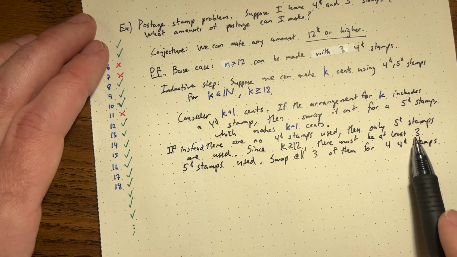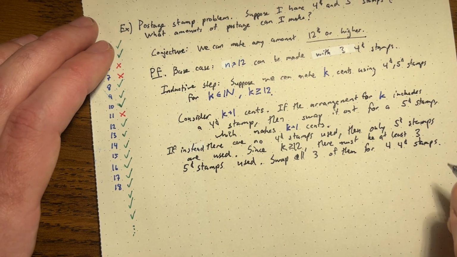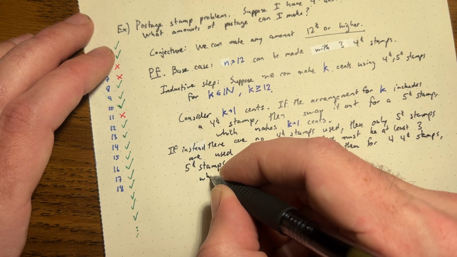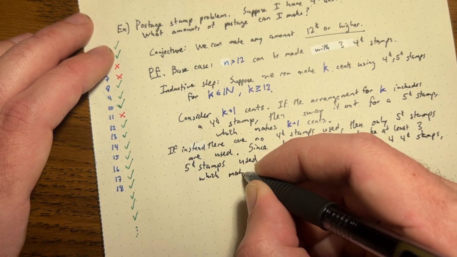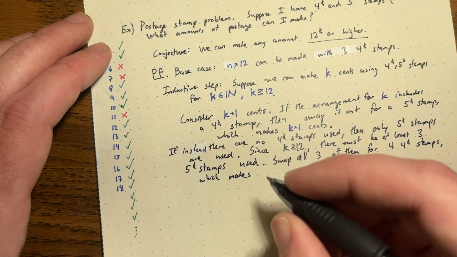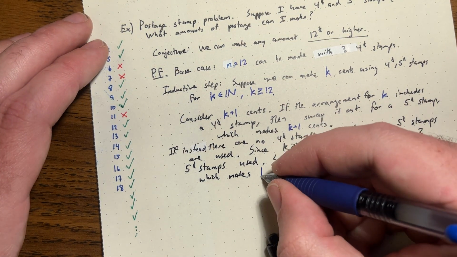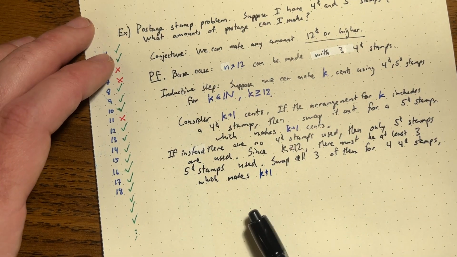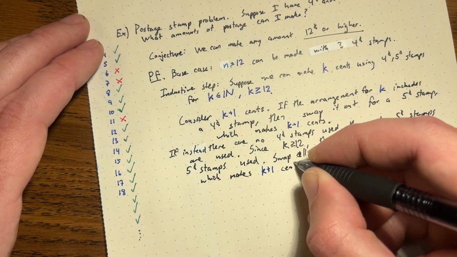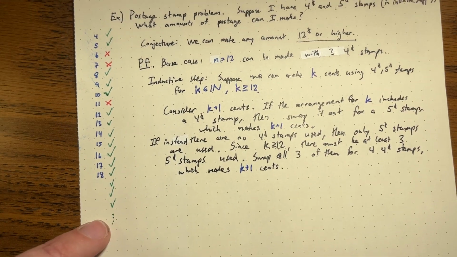Okay, so we turn that 15 into a 16, and so this is going to make k plus 1. We basically increased our postage amount by 1, so that makes k plus 1 cents. And we're done, right? Because there are either 4-cent stamps used or no 4-cent stamps used. That's it.